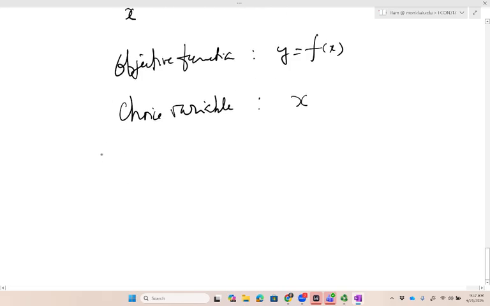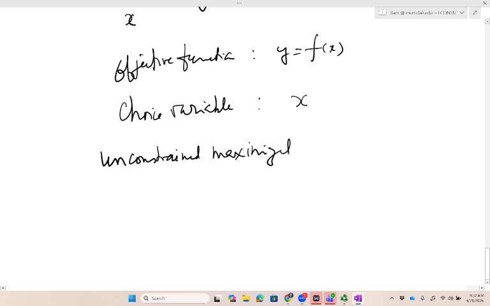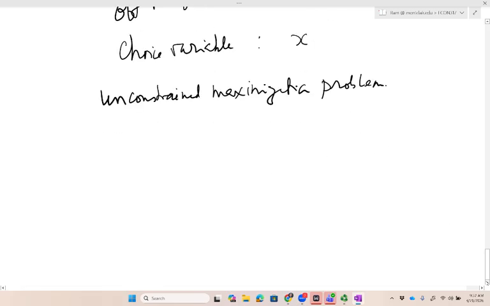So we'll say this is the unconstrained maximization problem. Now we have already seen that if we know this function has a maximum value at some point, then the derivative must attain a value of 0. We will give it a formal name. We will call it first order condition.